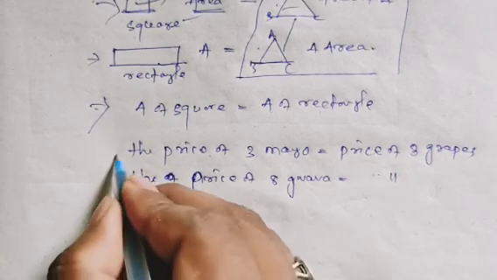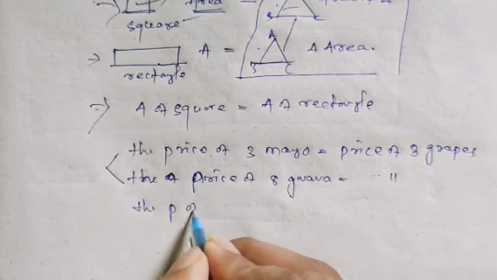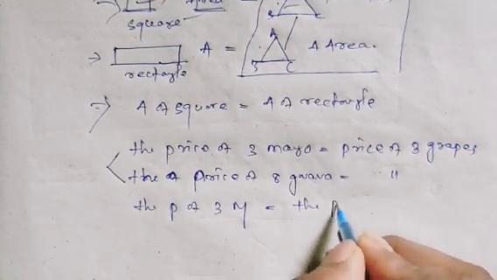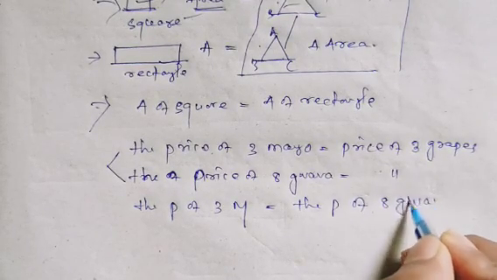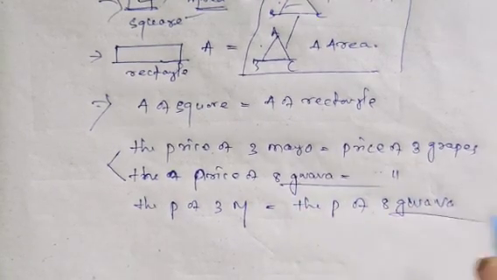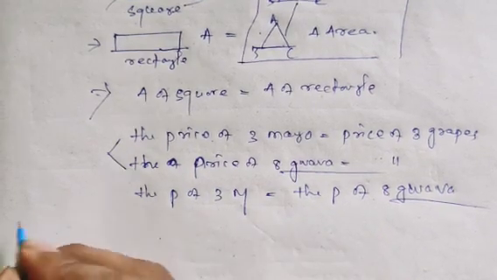So from these two equations, I can write the price of 3 mangoes is equal to the price of 8 guavas. Right? Understand? Okay, we'll go to the second axiom.